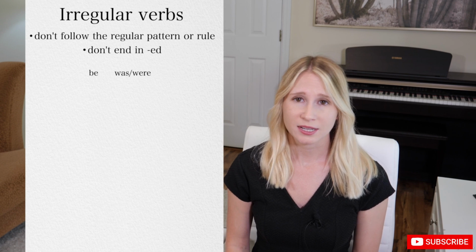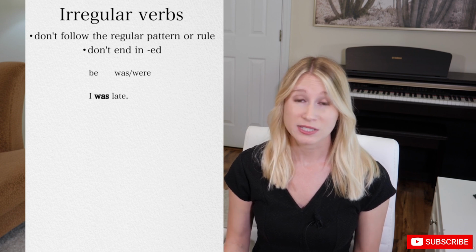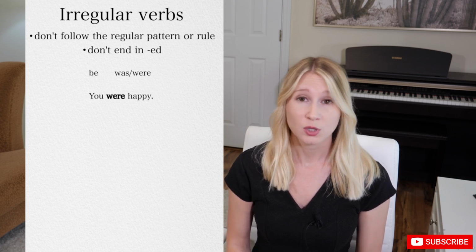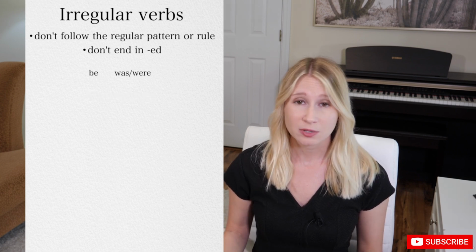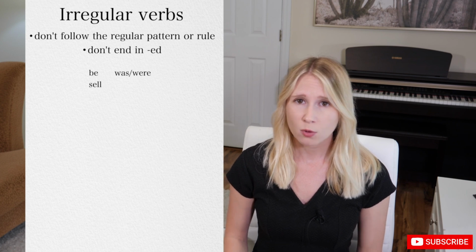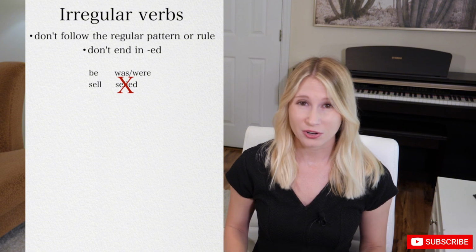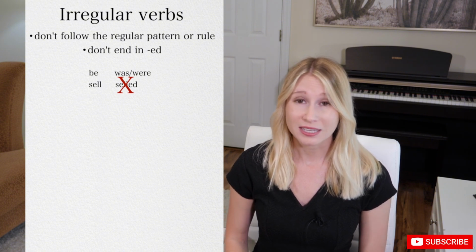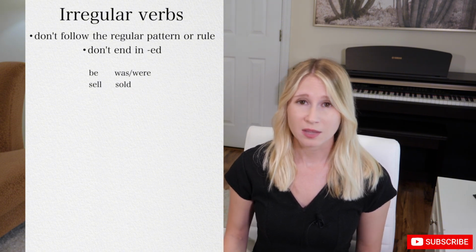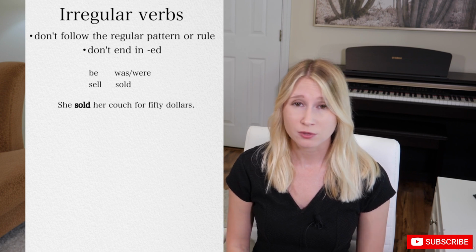For example, in a sentence we could say, I was late, or you were happy. The next irregular verb on our list is sell. Now, if sell were a regular verb, the past tense would be selled. That is incorrect. The past tense of sell is sold. For example, she sold her couch for $50.